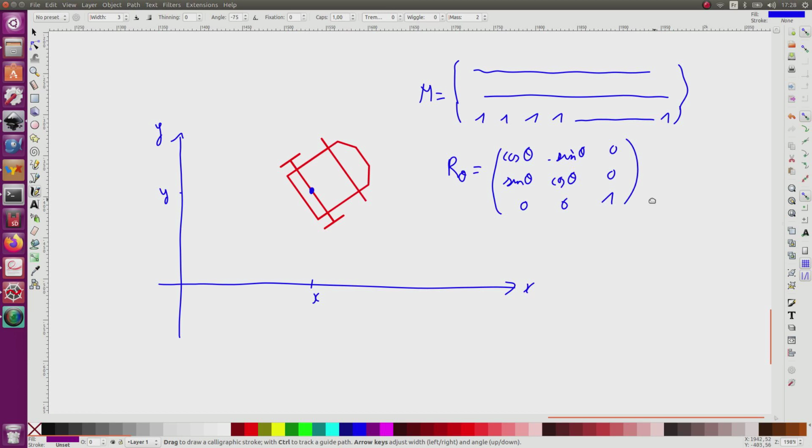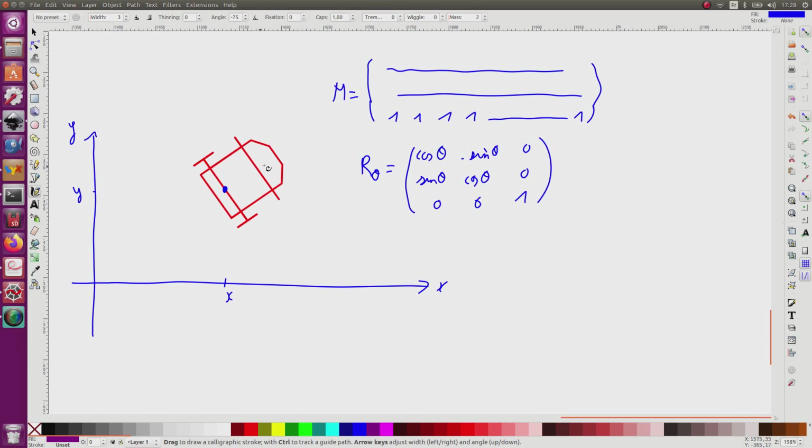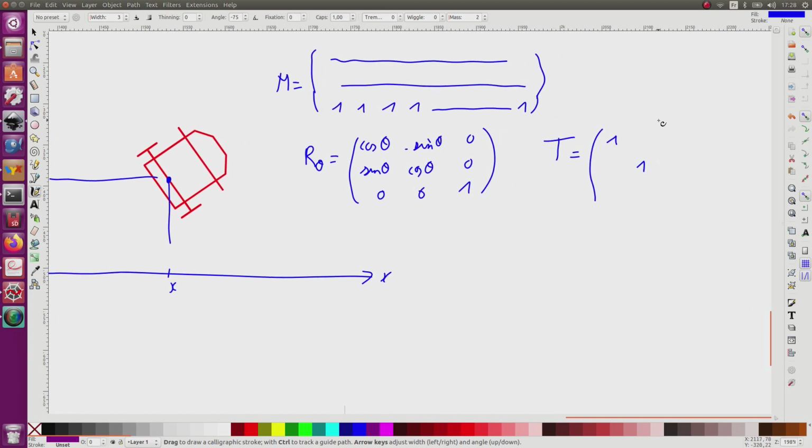If I want to translate it by a vector x and y, to put it here, I will use the translation, so the transform translation, which is given by 1 and 1, 0, 0 and 1, and here I will have x, y, 0, 0.